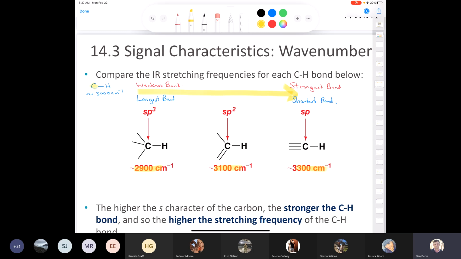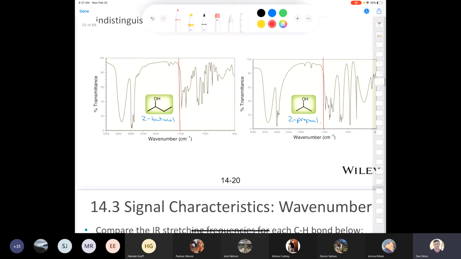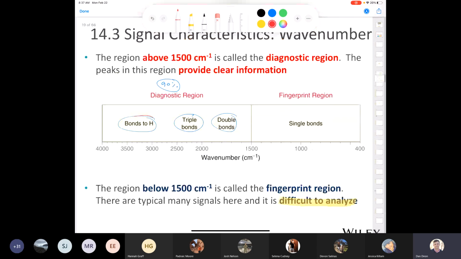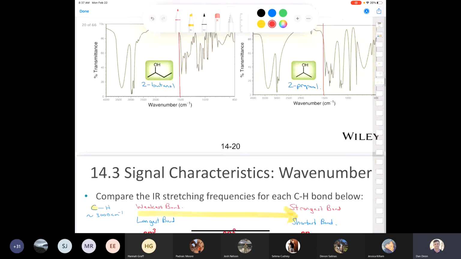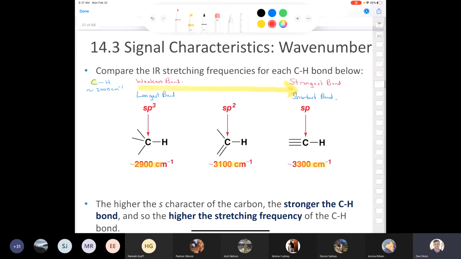Well, I can provide an explanation as to why they have different absorbances. It's based off of the hybridization of a carbon. So not only is it important for us to understand that I have a carbon-hydrogen bond, you can also comment on the hybridization of the carbon in that carbon-hydrogen bond.